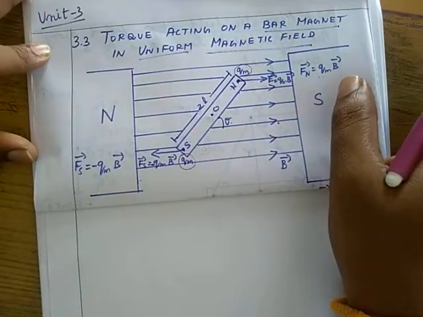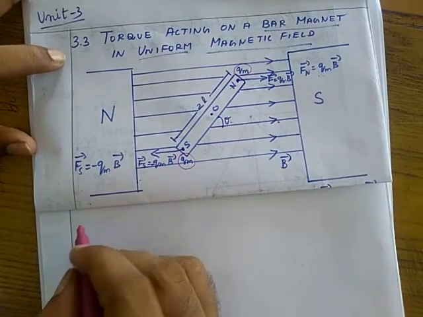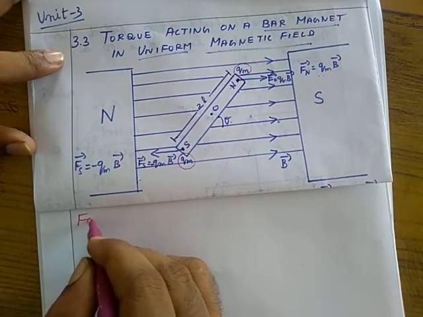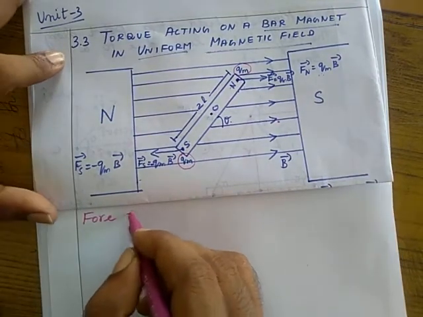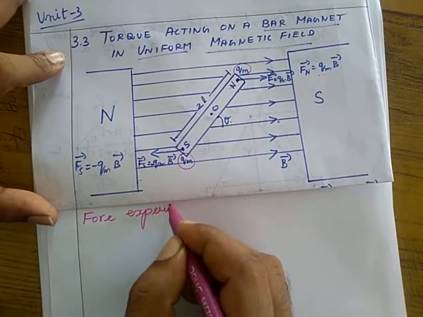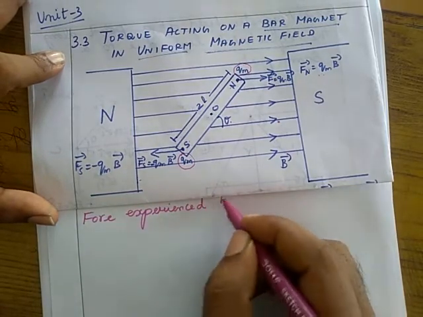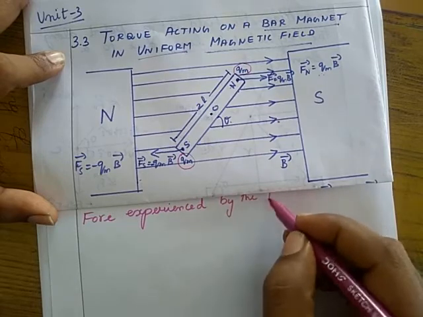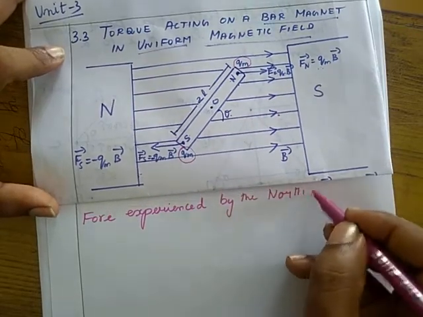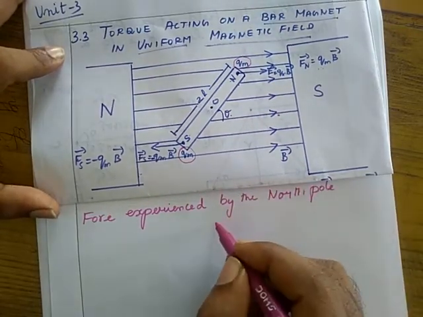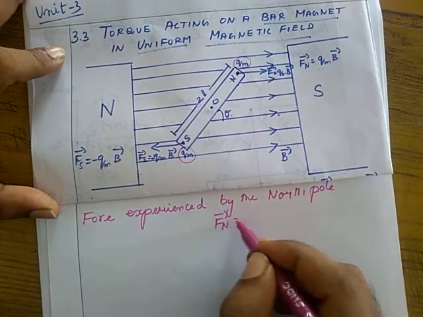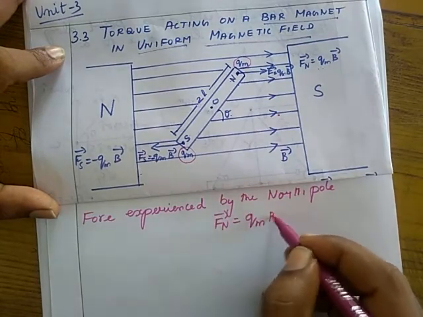Okay. Let me see. The force experienced by the north pole, that is Fn vector, is equal to, we know, Qm B vector.